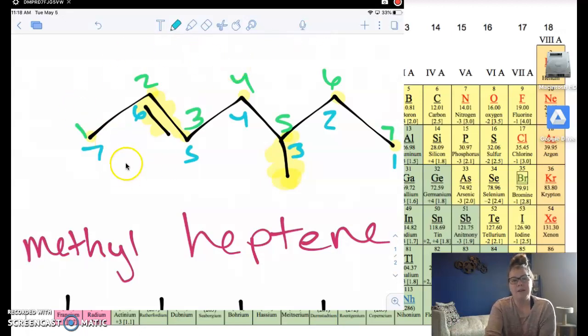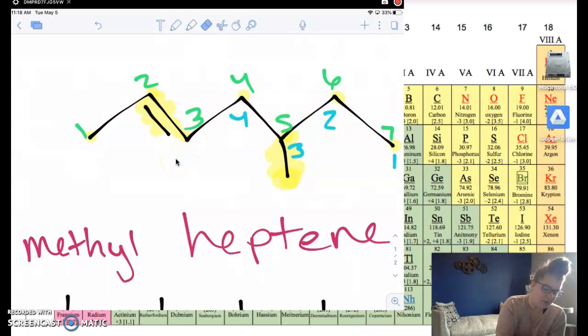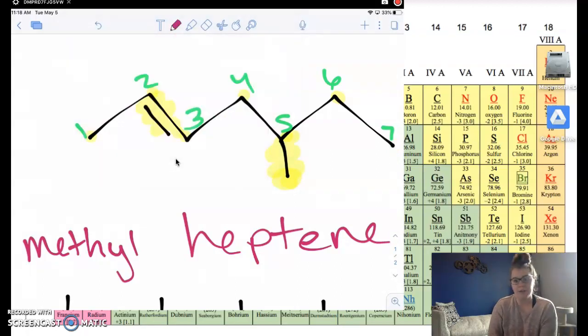Looking at the bond here, if I use my green numbers, it's on a 2. And if I use my blue numbers, it's all the way on a 5. Because of that, I'm going to go with my green numbers. And in fact, let's just get rid of the blue ones so we don't get confused, because once you pick a color set, you're going to commit to it. So my double bond is on the 2, and that puts my methyl branch on the 5.